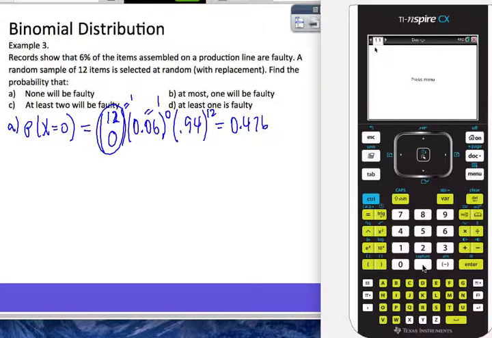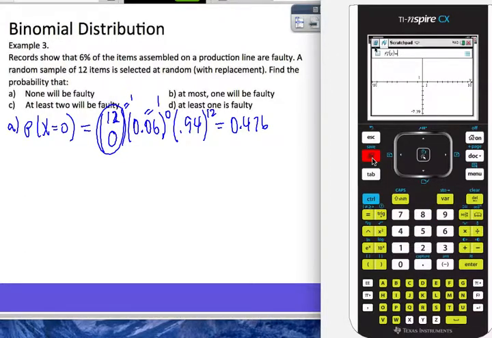We can do it on the calculator here really quick. 0.94 to the exponent 12, yeah, 0.476.